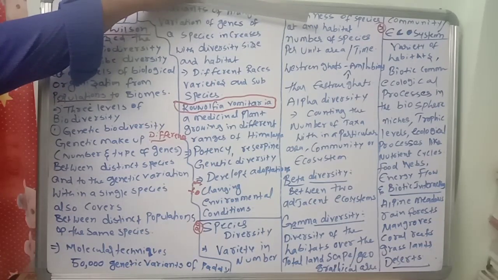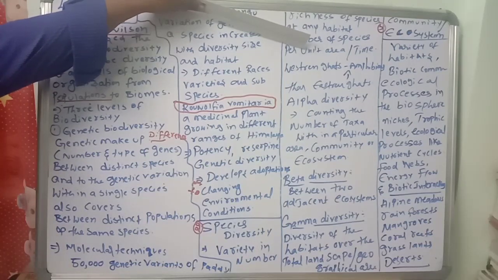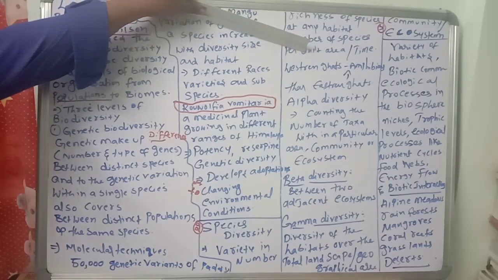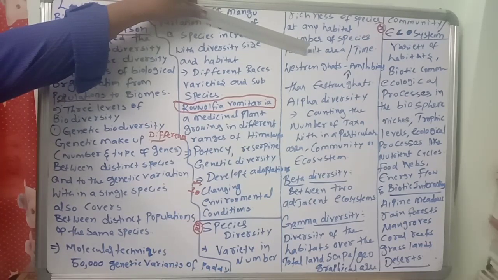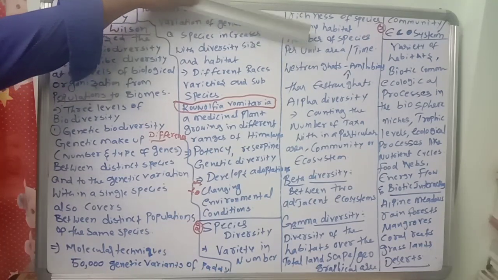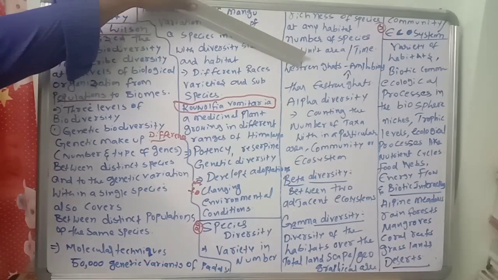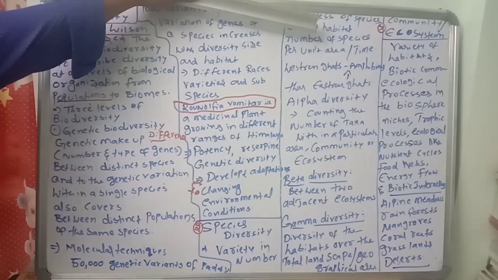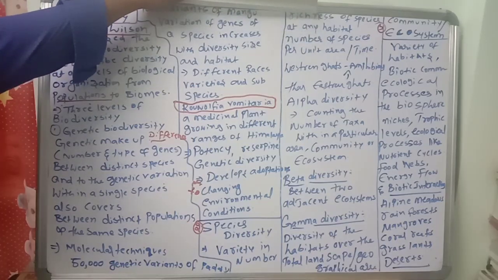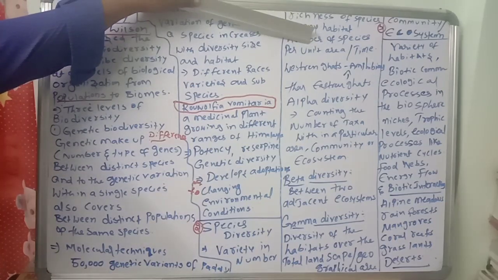Species richness is the number of species per unit area at a given time. It is a measure of species diversity, useful for the identification of the number of species.